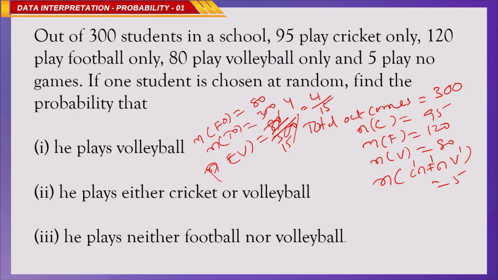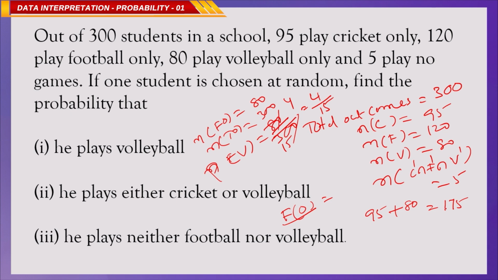Next, he plays either cricket or volleyball. What are the favorable outcomes? Cricket is 95 and volleyball is 80, which means 175.